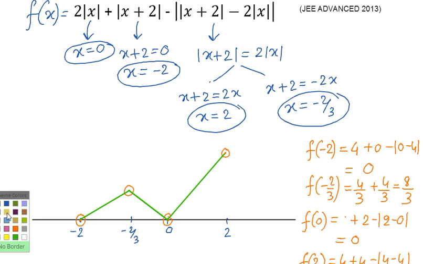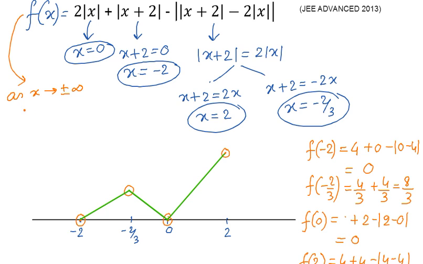The extra analysis: think about what happens as x tends to minus infinity or plus infinity.